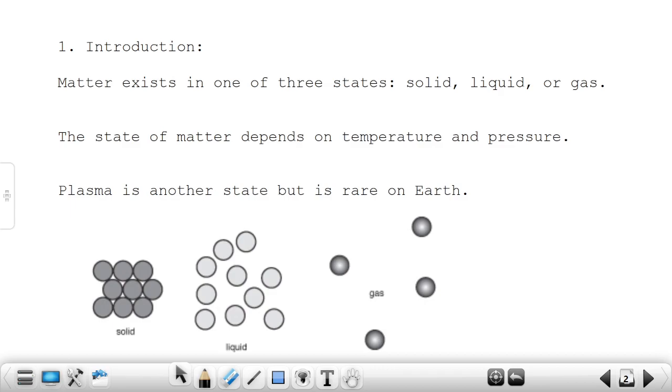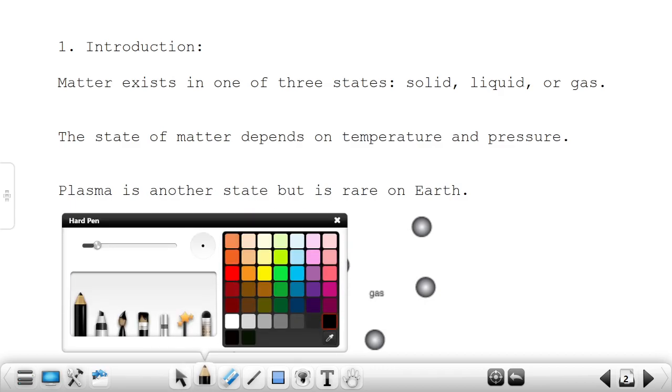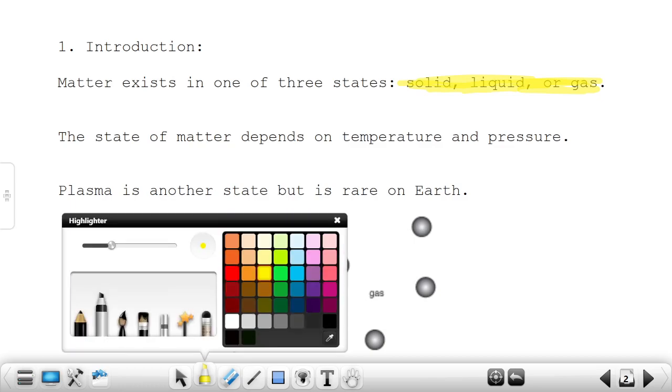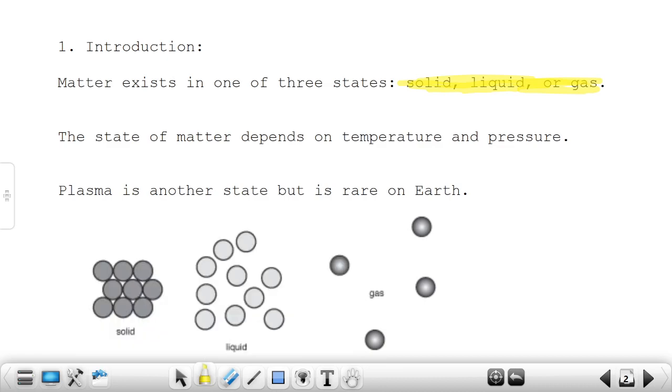Matter exists in one of three states. So I'm going to go ahead and highlight this as well. Very important. So, a state of matter depends on temperature and pressure.